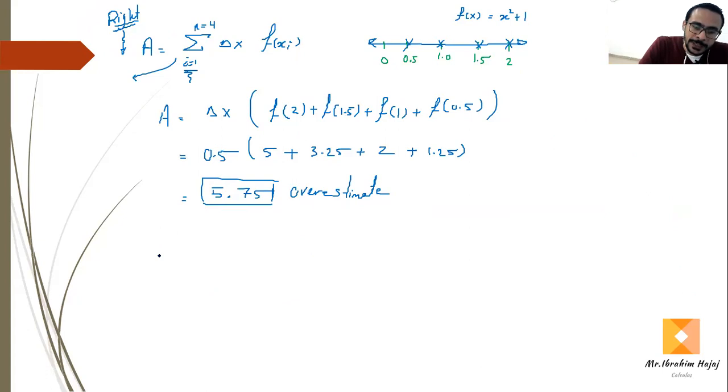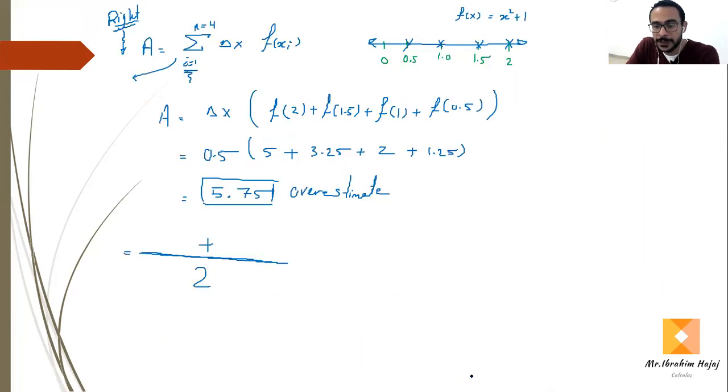You can approach your exact answer by averaging the two, the right and the left approximate answers. So if you take the average, the sum of the previous answer from the left, 3.75, plus 5.75, divided by 2. Do it guys and tell me what's the answer. 4.75.